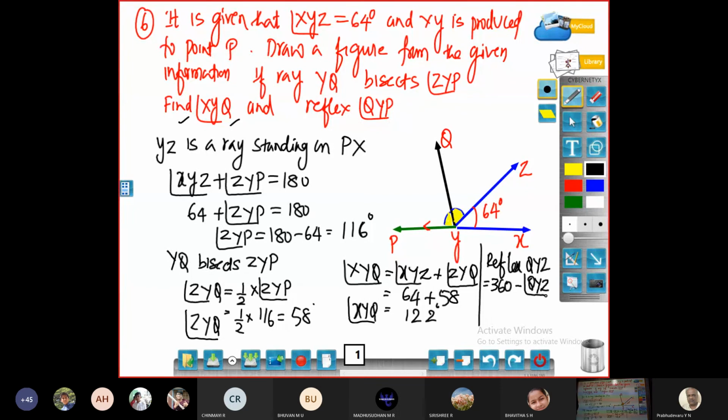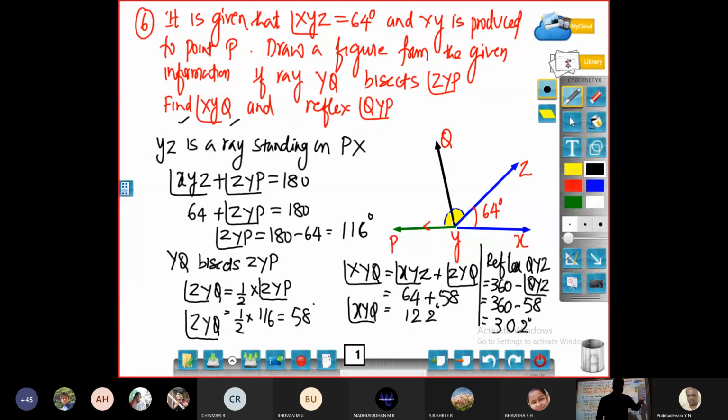We have already calculated angle QYZ, isn't it? ZYQ and QYZ are both the same, 58 degrees. From 360 degrees you subtract 58 degrees, so you will get the reflex angle, 302 degrees.